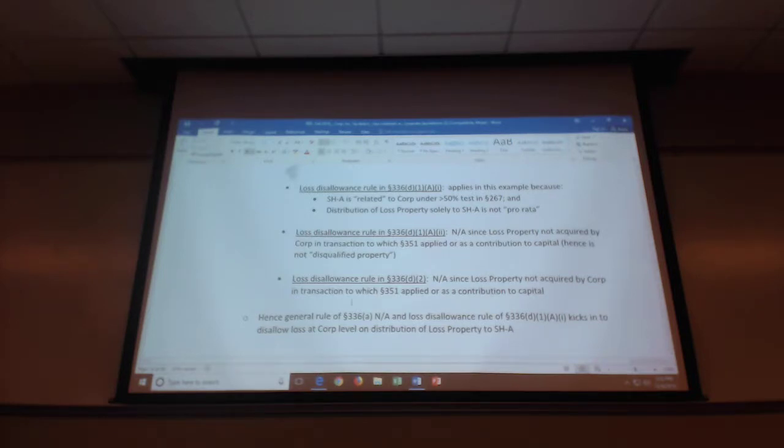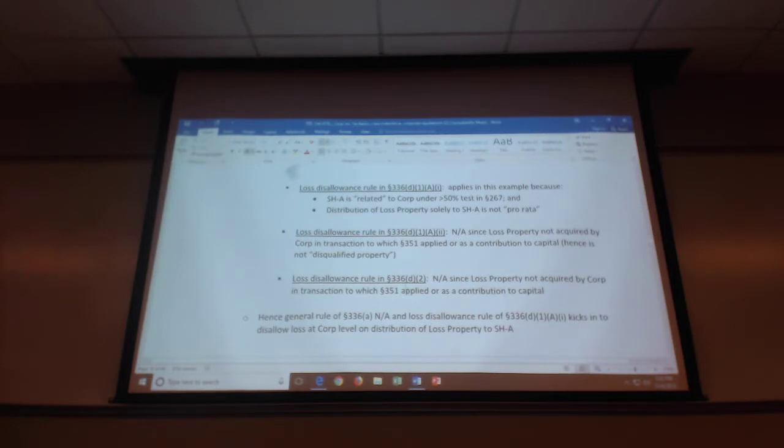In this particular example, the two other loss disallowance rules don't apply because they would have kicked in only if the property had been previously contributed to the corporation in a 351 transaction, which we studied, it seems like years ago, but it was only like 2 weeks ago.